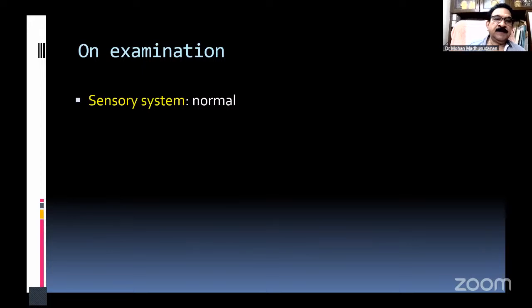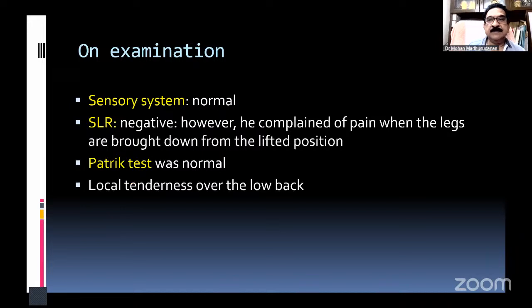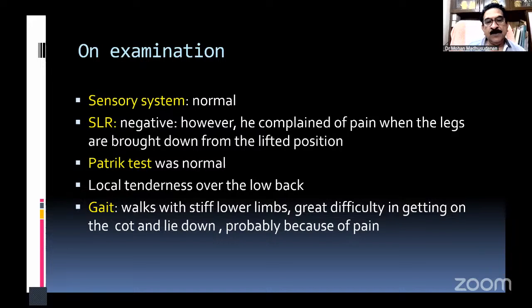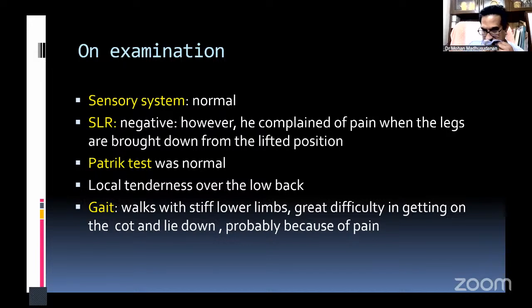Sensory system normal. SLR negative. However, he complained of pain when the legs were brought down from the lifted position. Hip test was normal. There is local tenderness over the lower back. Gait, he walks with stiff legs, with difficulty in getting onto the cot and lying down, probably because of the severe pain. So what is a likely possibility?